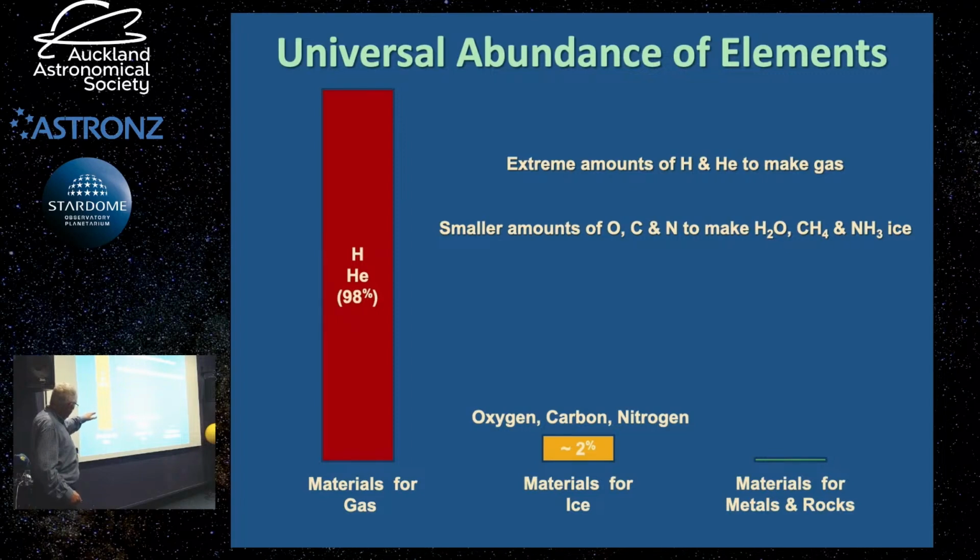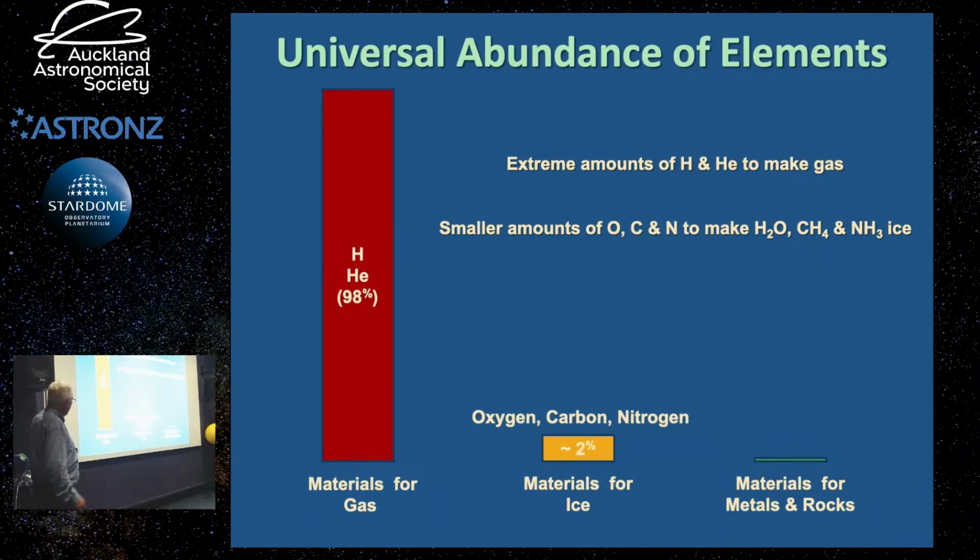Carbon, oxygen and nitrogen, the materials that react with hydrogen to form water ice, as in hydrogen, oxygen, H2O. Carbon and hydrogen, that's your methane, and your nitrogen and your hydrogen, that's your ammonia. Those 3 elements that form your ices are about 2% of the universal abundance of elements.